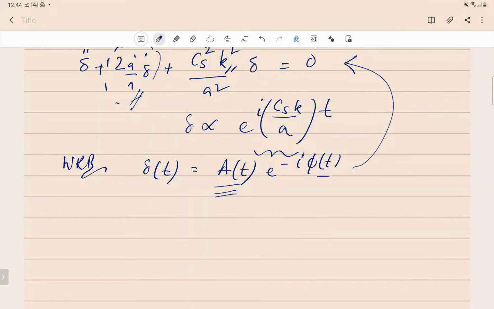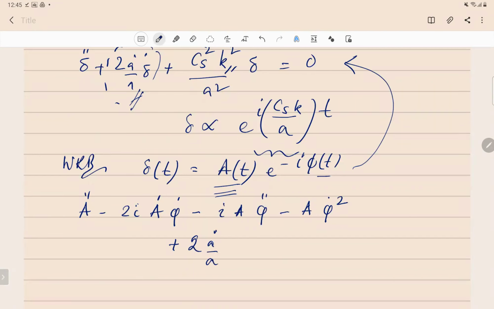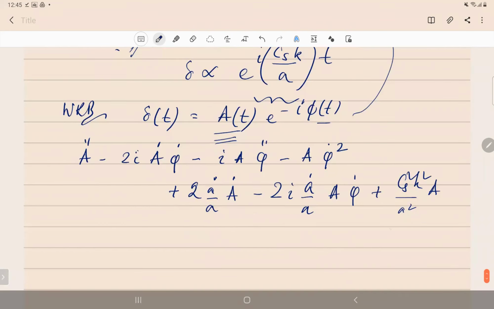What you will see is you will get this equation: A double dot minus 2i A dot phi dot, A and phi are both functions of time, minus i A phi double dot minus A phi dot square plus 2 a dot by a times A dot minus 2i a dot by a A phi dot plus cs square k square by a square A, equals 0.